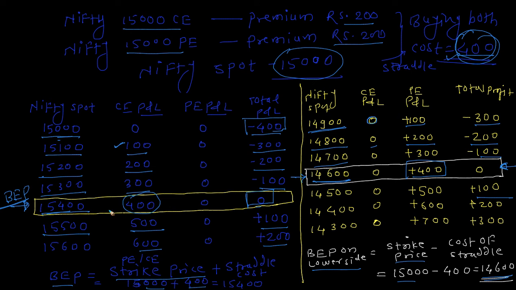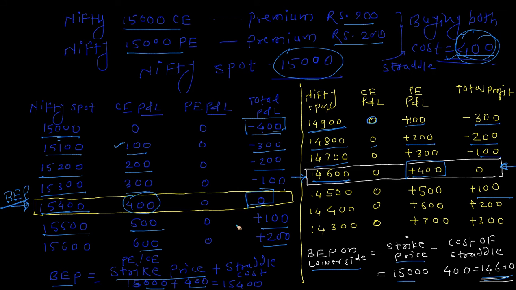At 15,400, we have no profit, no loss, right? So beyond 15,400, we will have profit, right? And if we go down till 14,600, we will have either no profit or a slight loss, right? But beyond 14,600 on the downside, we are going to have unlimited profits, right? That means in the range 15,400 to 14,600, we'll be having a small loss or no loss, right?